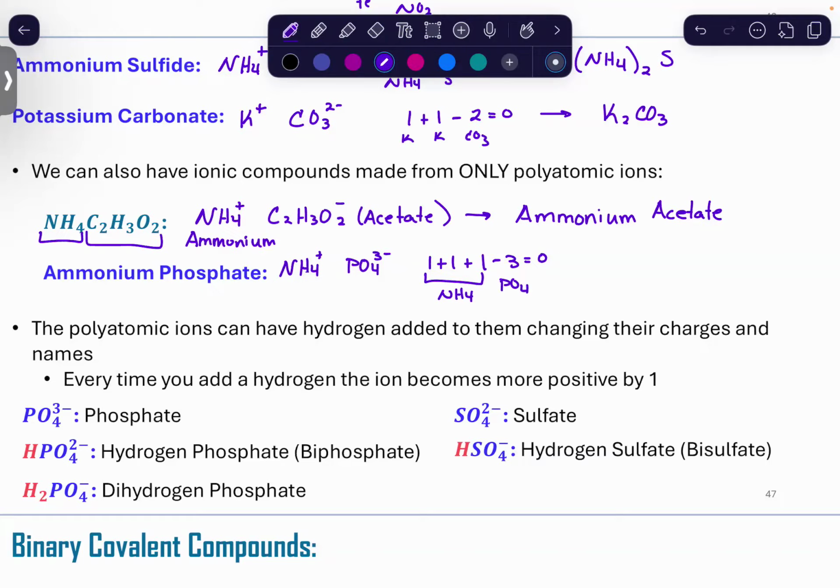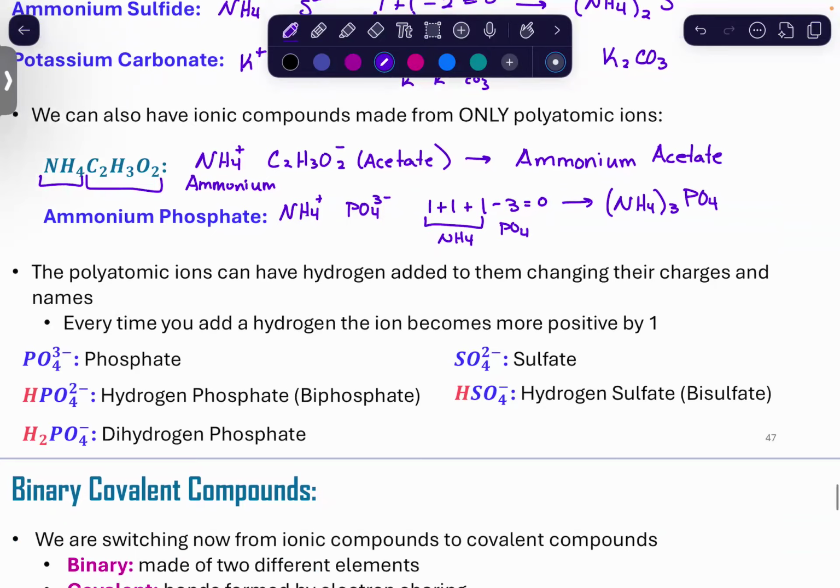So that means I need 3 of my ammoniums to the 1 phosphate. Since I have 3 ammoniums, the ammonium is going to go in parentheses, and I get 3 of those, and then I only have the 1 phosphate. So that is the formula for ammonium phosphate.